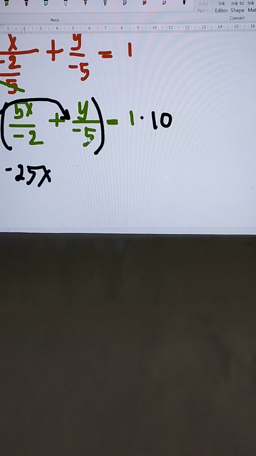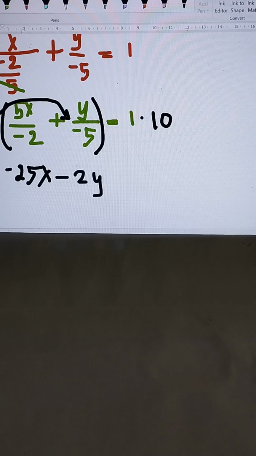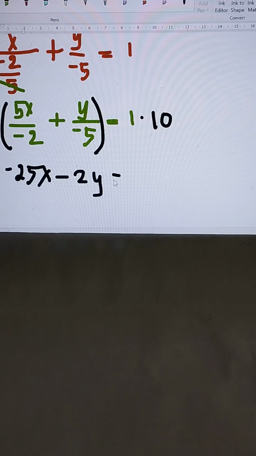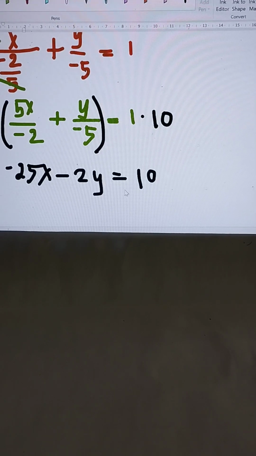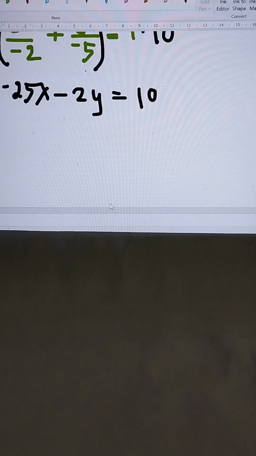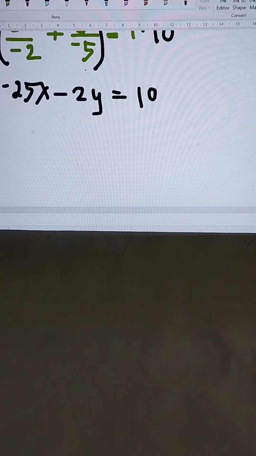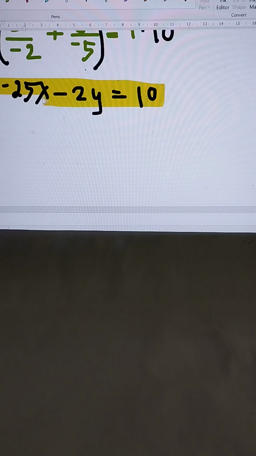Negative 2 times y is negative 2y, and negative 2y is equal to 10. So the answer now is negative 25x minus 2y is equal to 10. This is now in standard form, so that is already the required equation.